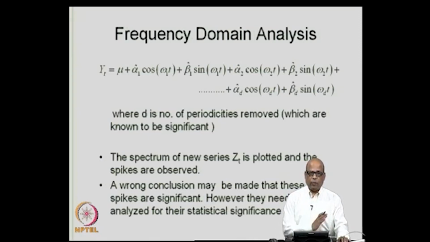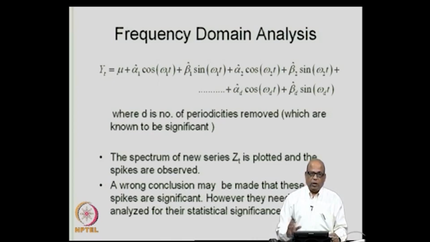Let us say you removed one periodicity and then reconstructed the time series and plotted the spectrum for the reconstructed time series. You will see again significant peaks. Visually you can see that there are significant peaks. Because you have removed the earlier significant periodicities, the remaining periodicities now appear very prominently in the spectral density diagrams.